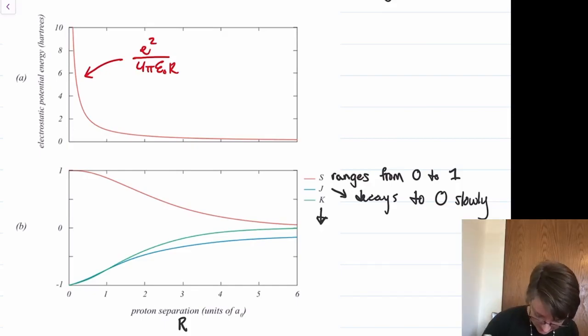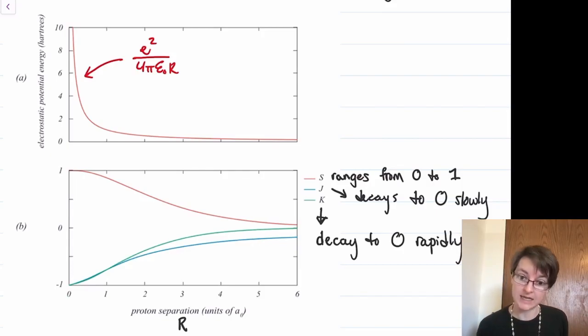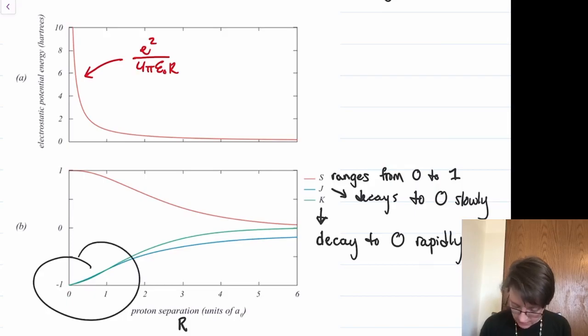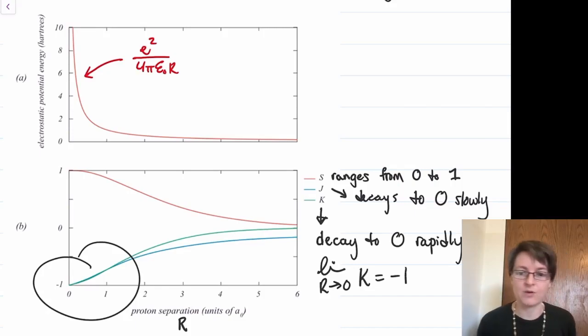But it also, for both the J and K integrals, will at shorter separations start to approach -1. So in the limit that R goes to 0, K equals -1, representing that for both of these integrals, the closer the atoms are together, the better for increasing favorable interactions between the electron and the nuclei.